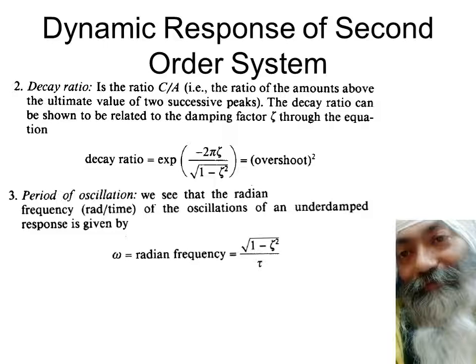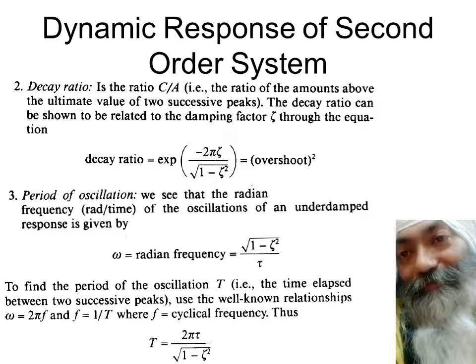Tau is the period of natural oscillation, and this is the period of oscillation. The word natural is missing. This is something you have to always keep in mind. This is not the period of natural oscillation. This is the period of oscillation, the actual oscillation. The actual oscillation when damping is there is given by this formula, where you have the square root of 1 minus zeta square divided by tau.